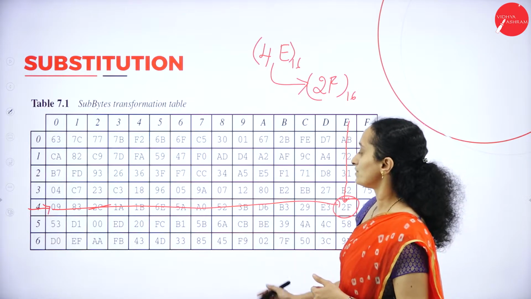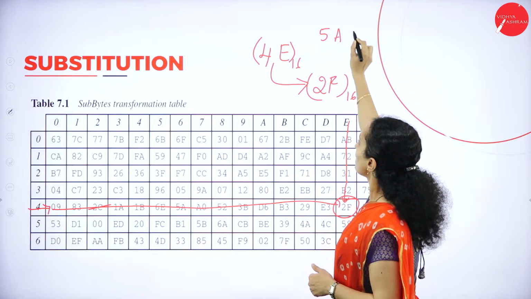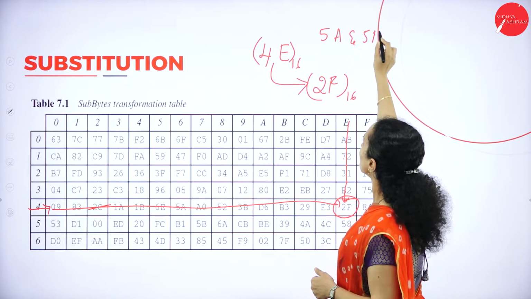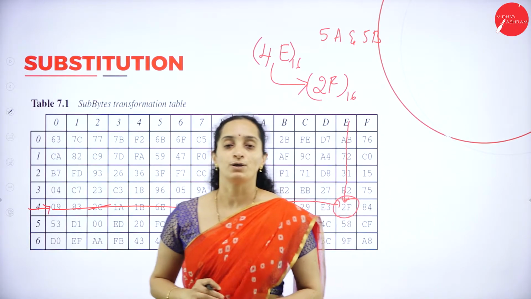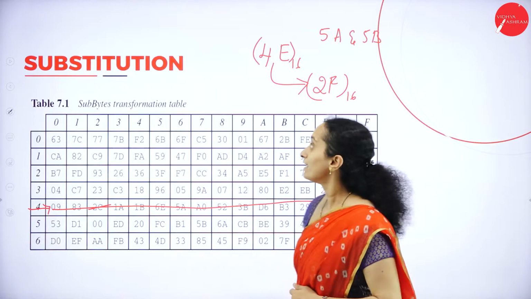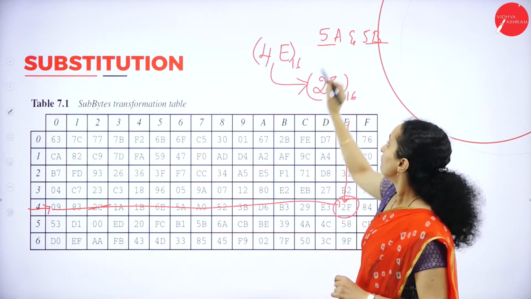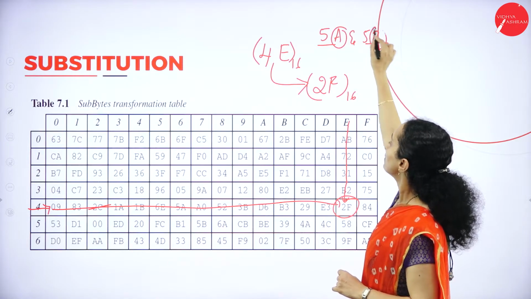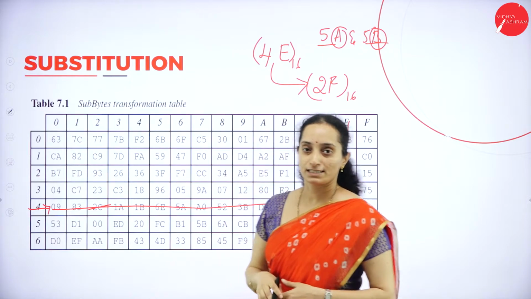How is it confusing? Suppose you take two values, 5A and 5B. We have two bytes, 5A and 5B. But the thing is, in these two bytes, we have only half a byte of difference, isn't it?